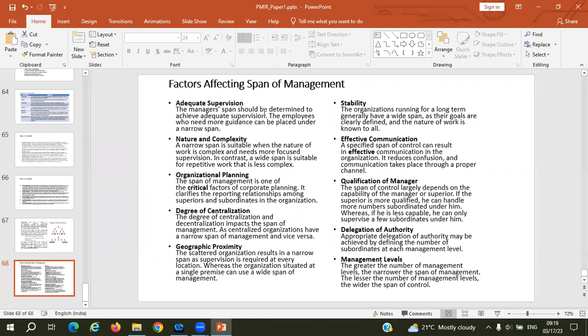But when you say 15, that means all those 15 are good people, and you don't need to spend time on them. So depending on the people's quality, you decide how many people you control in your organization. That is about adequate supervision.